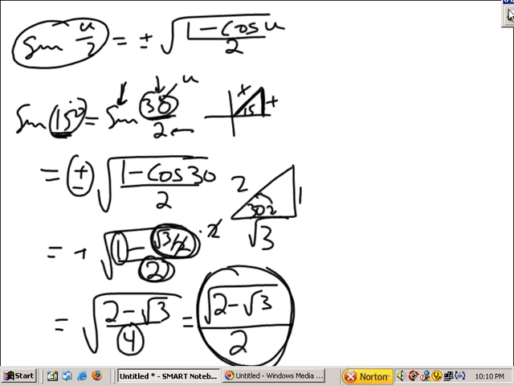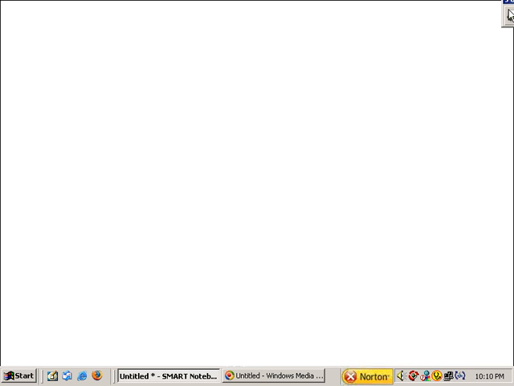Okay, what about the double angle formula? Let's consider the double angle formulas, how we can use examples. Let's work out some examples that use the double angle formula.